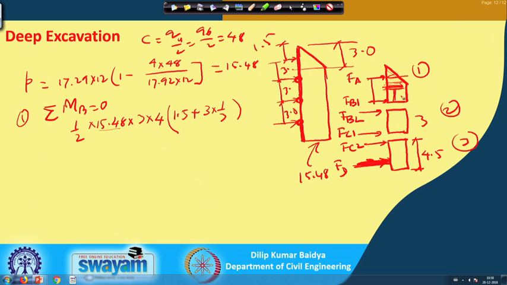Then I have to take this diagram, plus 1.5 multiplied by 15.48 multiplied by 4. This becomes the loading on that rectangular portion.